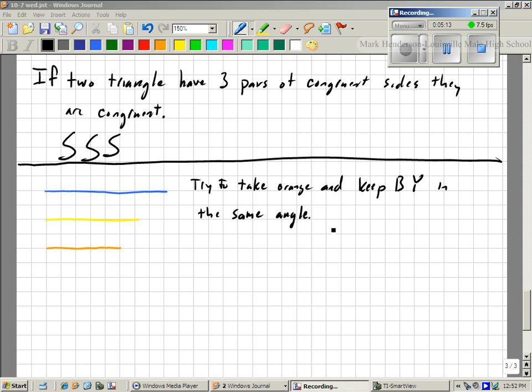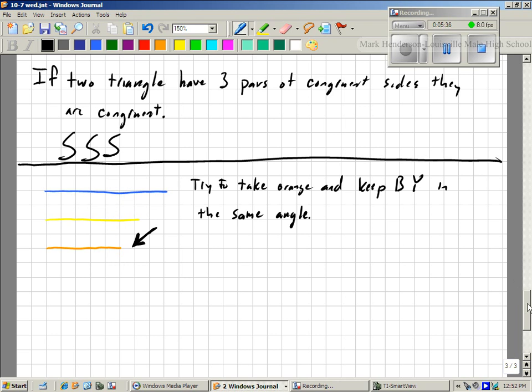No, you can't. It's not possible to change this because of the angle. The orange one is the shortest, and everything you try to put on is always bigger, which makes the angle what? Bigger.